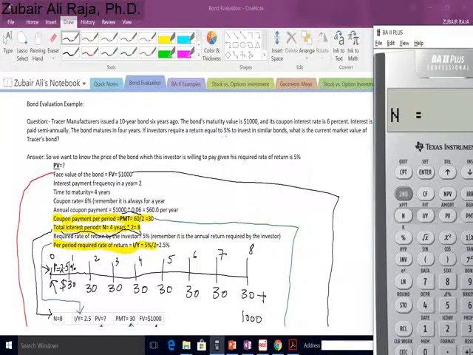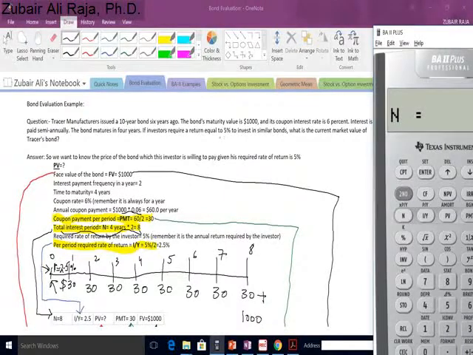So 5% divided by 2 gives us 2.5%. So the required rate of return by the second investor, who is going to set the price and who wants to know what price he needs to pay in order to get this bond, turns out to be 2.5%.